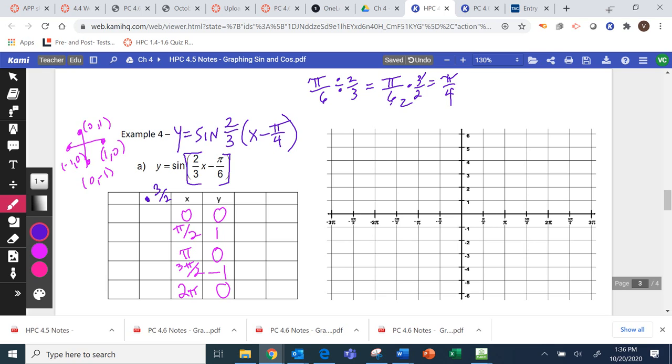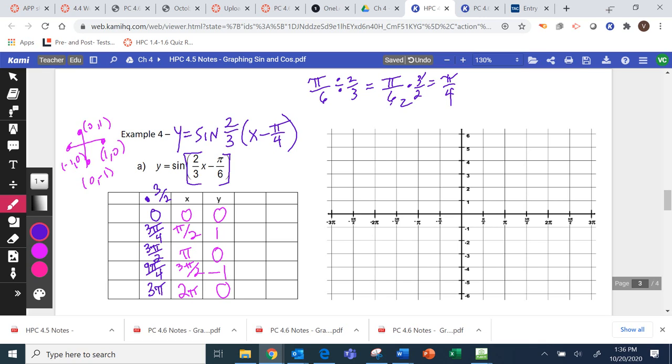So we're going to multiply all of our x values by 3 over 2. And I am doing this somewhat fast because I want to get done with these notes faster. But when you go do it on your own, you have to know how to multiply fractions. So I got 0, 3 pi over 4, 3 pi over 2, 9 pi over 4, and then 3 pi.